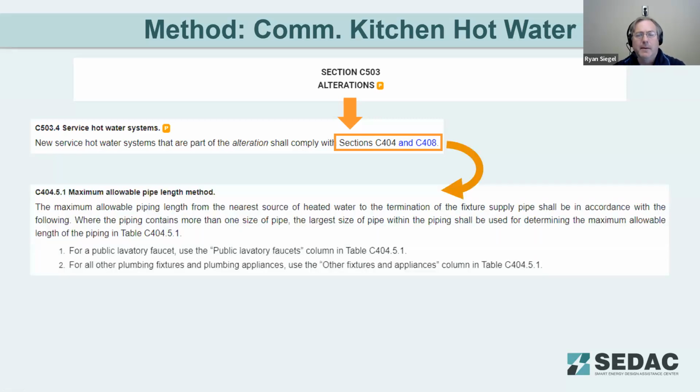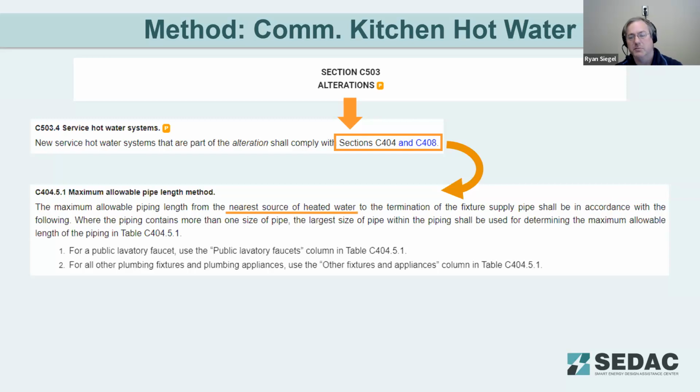So part of the reason we're calling this out is 404.5.1, maximum allowable pipe length. So public lavatory faucets have one set of standards, and all other fixtures and appliances have a different set of standards. And these can be fairly low. So looking from these new sinks, where is the nearest source of heated water?